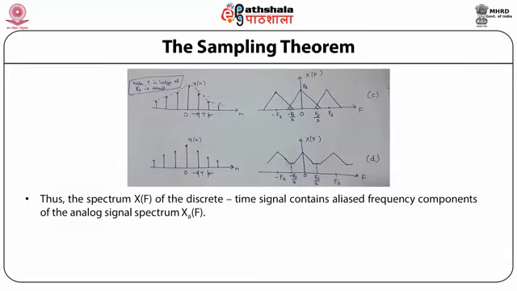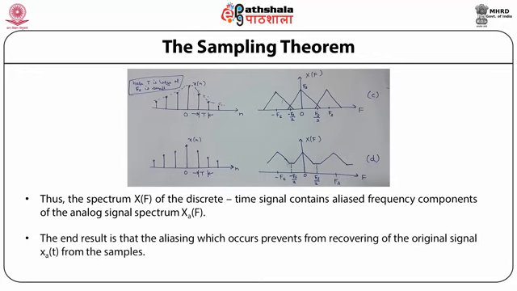Thus, the spectrum X(F) of the discrete time signal contains the aliased frequency components of the analog signal spectrum Xa(F). The end result is that the aliasing which occurs prevents recovering the original signal xa(t) from the samples.